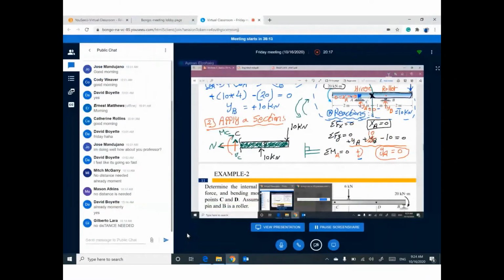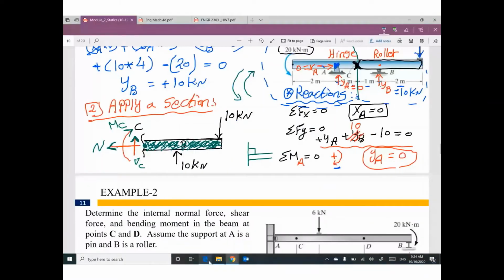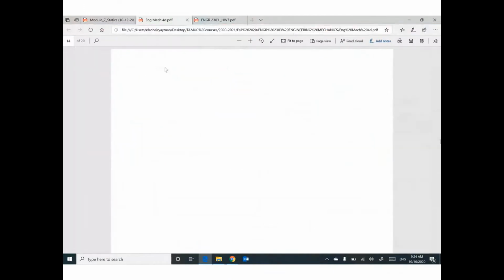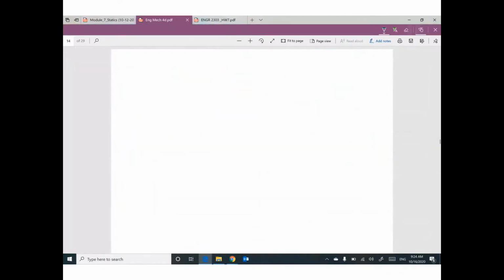Looks good. So just to remind you one more time, your free body diagram right now looks like this. Here is a cut. Here is point B, I think. We have vertical reaction here, 10 kilonewton, and we have vertical force here, 10 kilonewton.